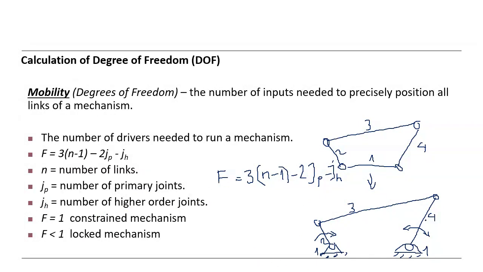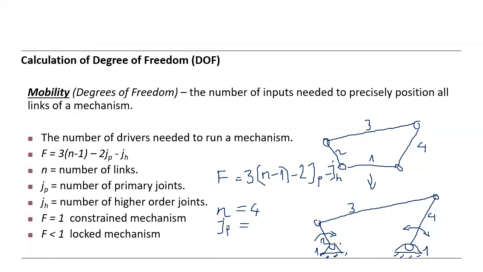Let's check this mechanism. N is the number of links. How many links do we have? 4, isn't it? The grounded one is included: 1, 2, 3, 4. Now the primary joints, which have 1 degree of freedom.